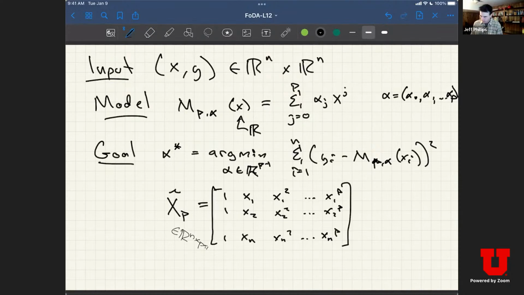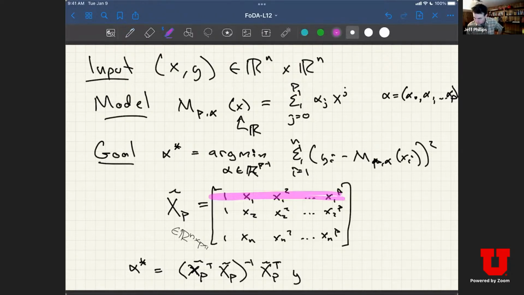Great. Okay, and now the alpha star in this case is just going to be X tilde p transpose X tilde p, inverse, times X tilde p transpose y. So the solution is exactly the same solution. Basically, what I've done is take this one-dimensional data point x and turn it into a p plus one-dimensional data point.